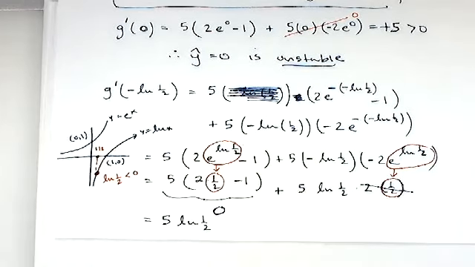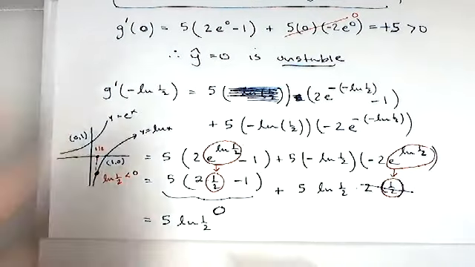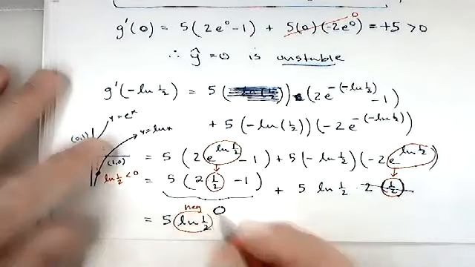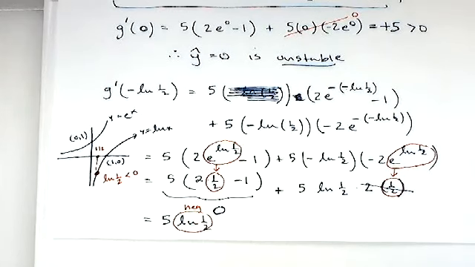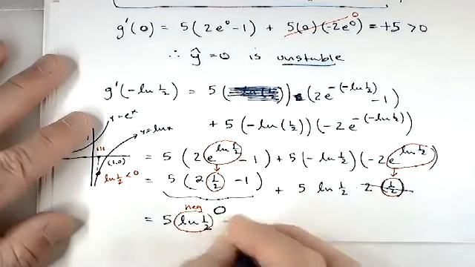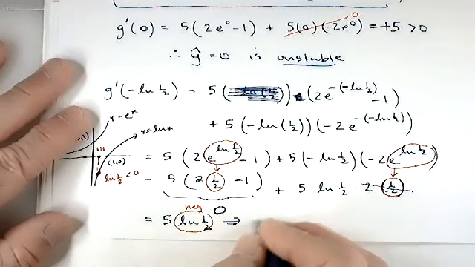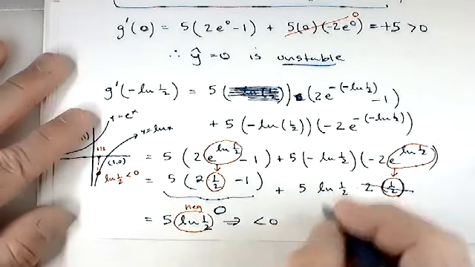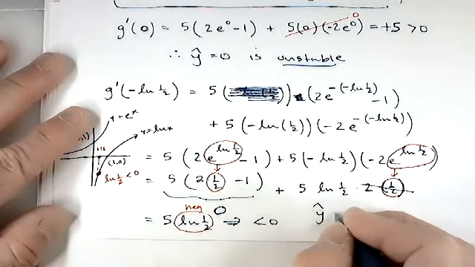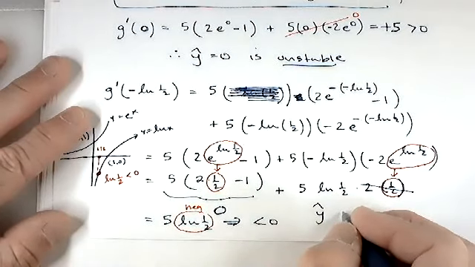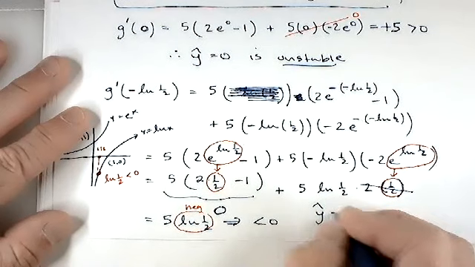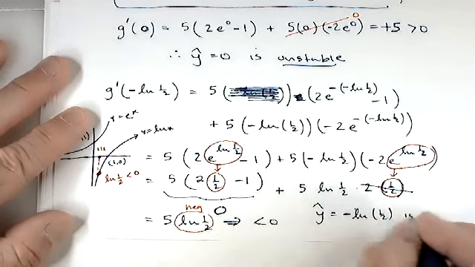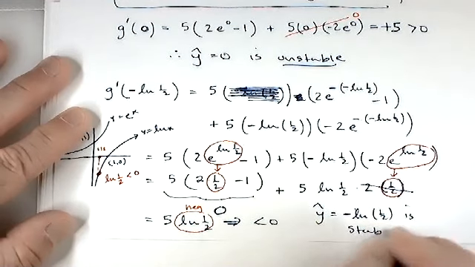It's less than 0. This right here is negative, so that makes the whole thing negative, less than 0. Therefore, my equilibrium of negative ln of 1/2 is stable.